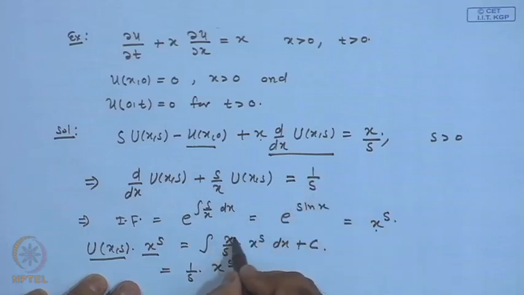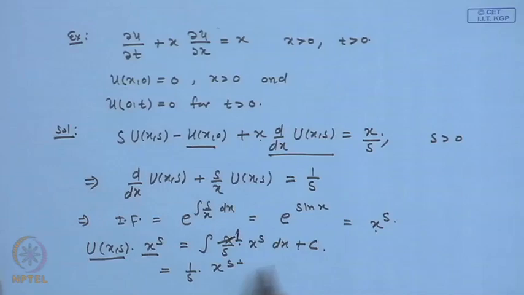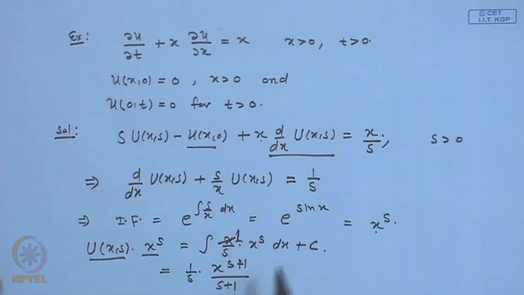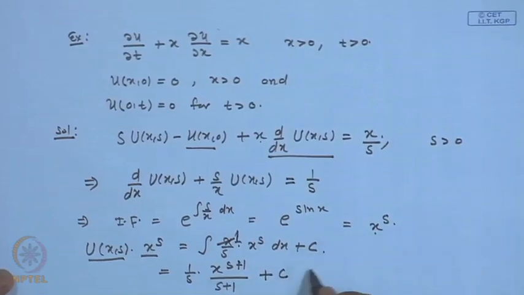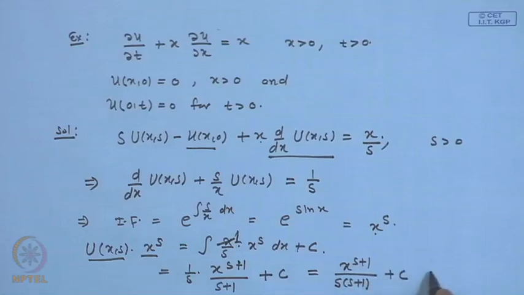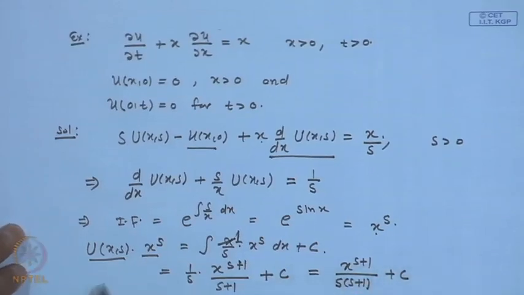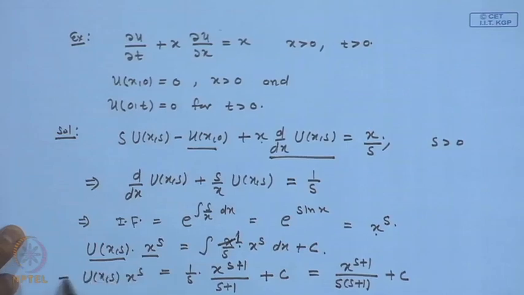The right hand side we have only 1 over s, so 1 over s x to the power s dx plus c. In this case 1 over s, and the integral would be x to the power s plus 1 over s plus 1, and then the constant. So, what we have then is x to the power s plus 1 over s times s plus 1, and a constant.